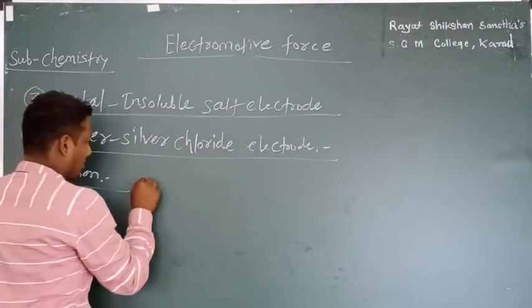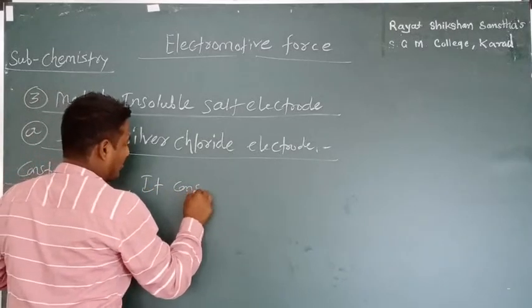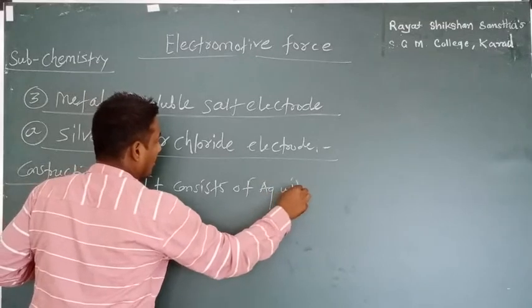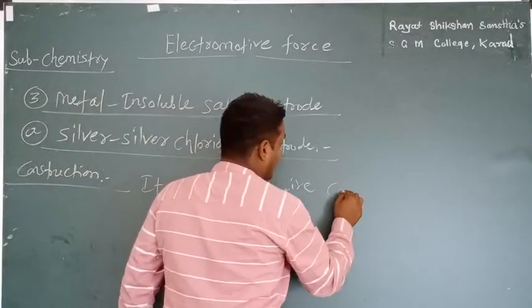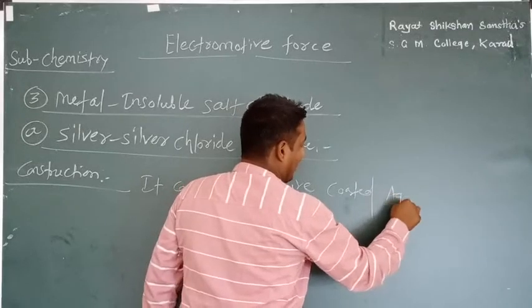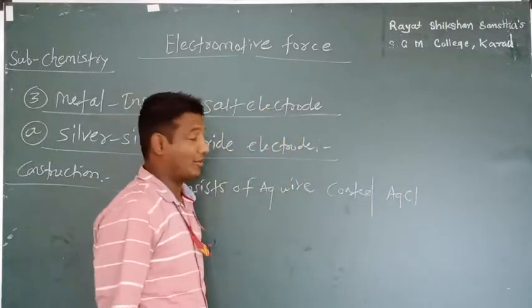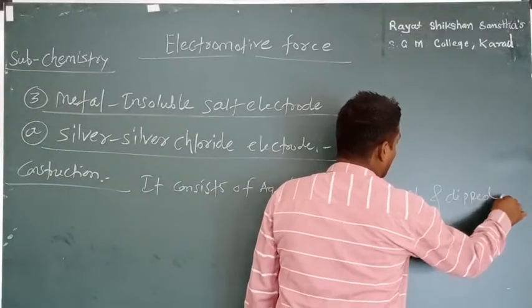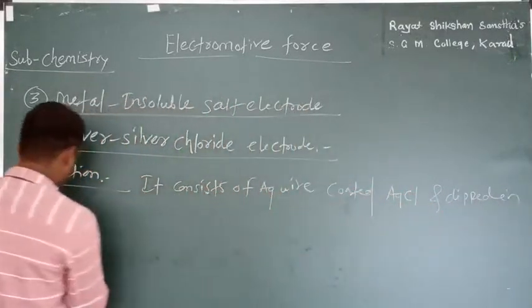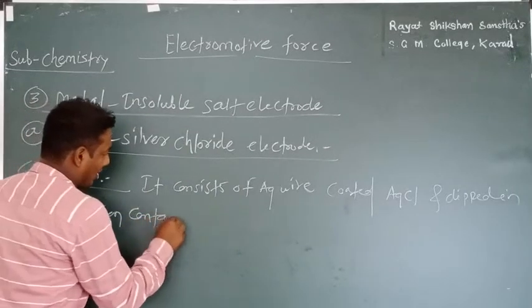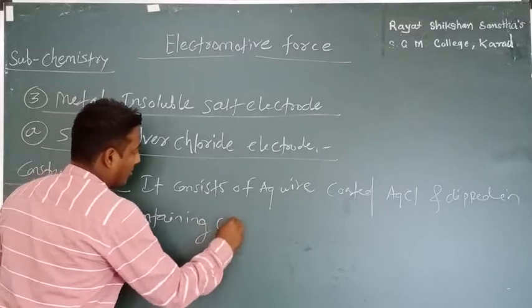In construction, we can write it consists of silver wire coated with silver chloride, and dipped in solution containing Cl minus ions.